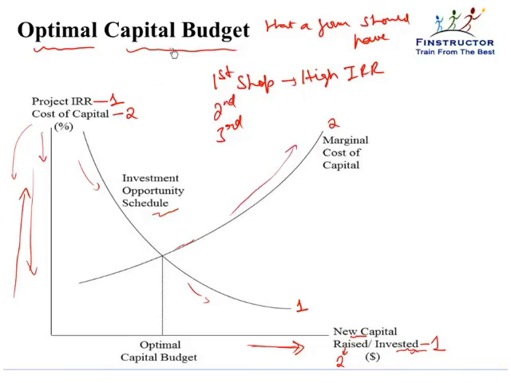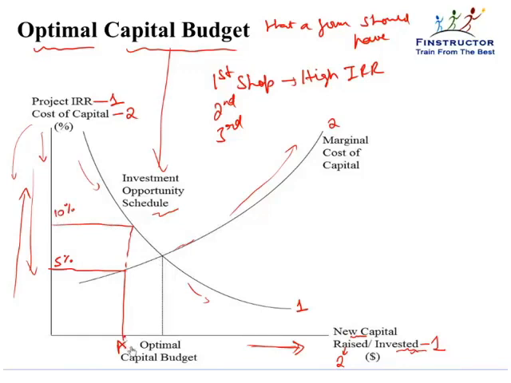So it brings us to the question, what should be the optimal capital budget, or where should we stop raising new capital? Now at point A, the cost of capital, let's say, is around 5%, and the opportunity available is to the tune of 10%.